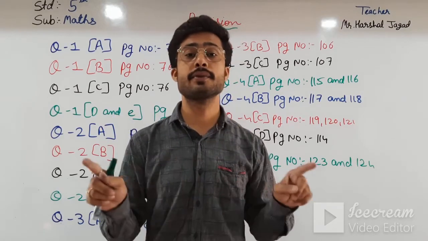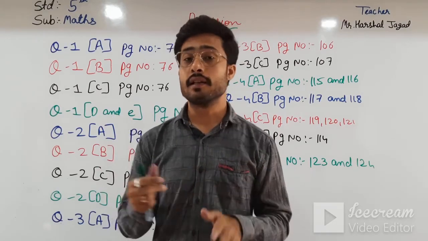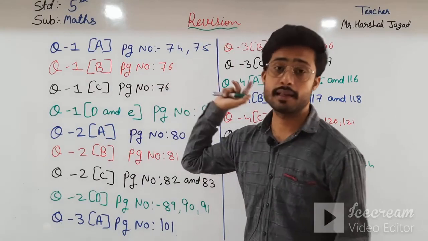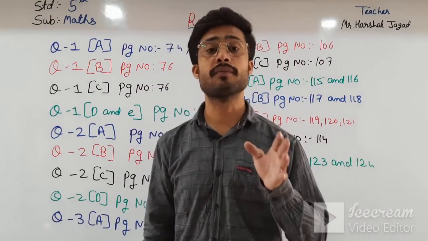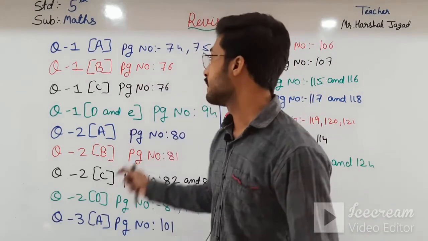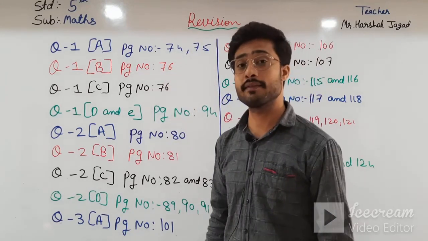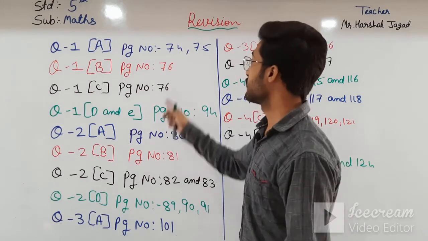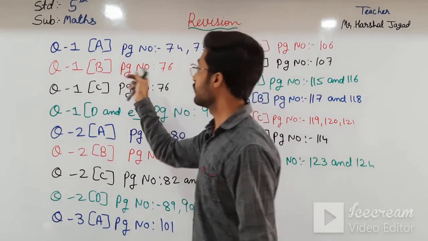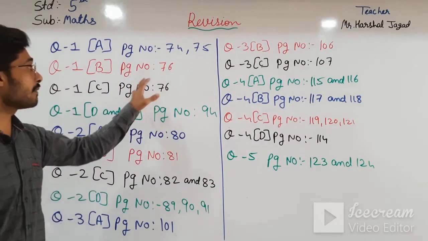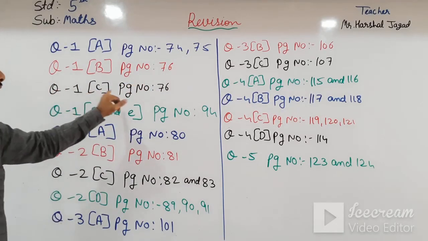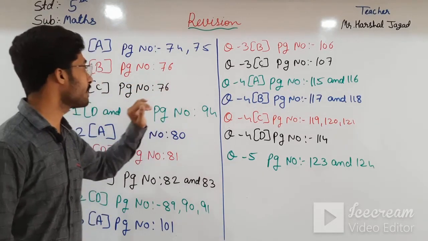So please do not just learn these page numbers only, because I have changed some of the values. Okay students, now you have to just learn the method which is given on page number 74 and 75. Okay students, 74, 75. Then question 1b, you have to do according to page number 76, and question 1c, that you also have to do according to page number 76.